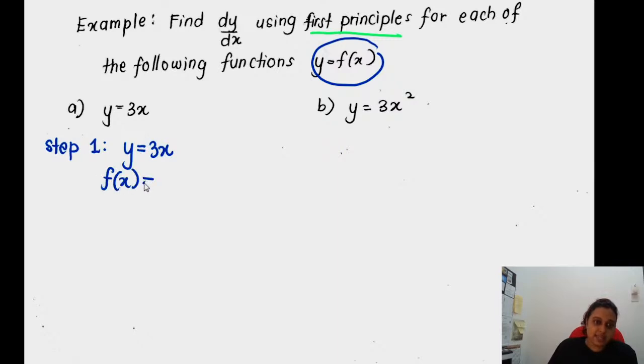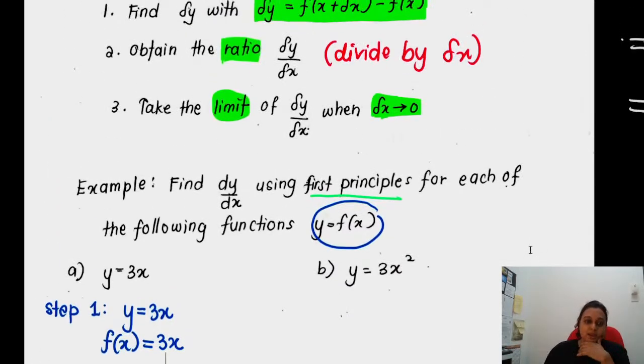So f(x) equals 3x. If your question is already f(x), then you don't need to change, just leave it. Just now is not the first step; that one is just the change. Now we're going to the first step.